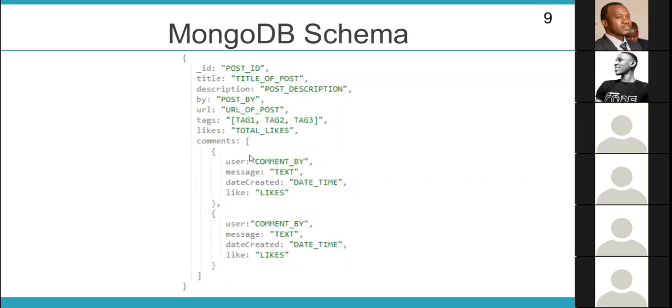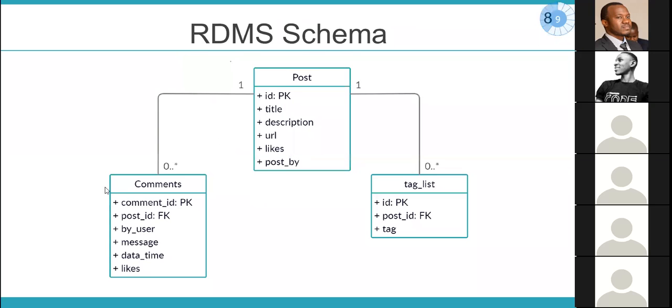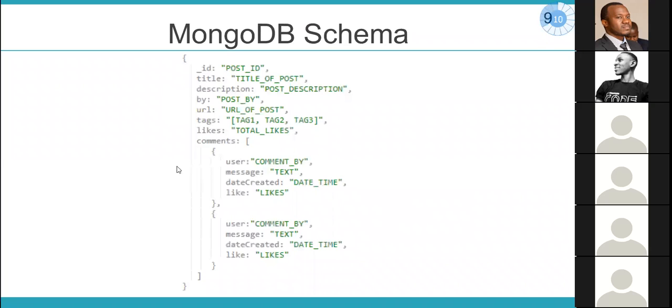So you have the subdoc here where we have the comments as a different table and the tag list as a different table. This is taking on the normalized modeling type. This is taking on the embedded modeling type, which is trivial, which you should use if you're using MongoDB really.